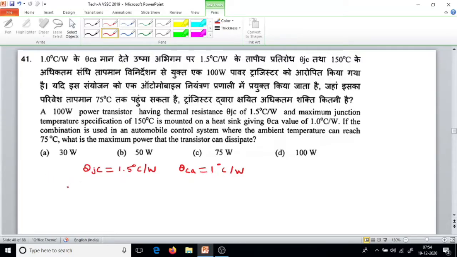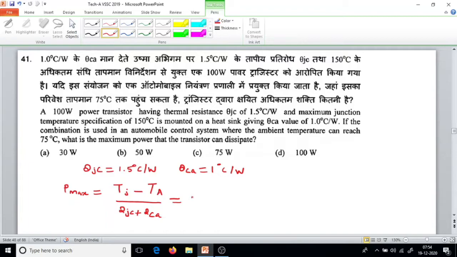Now what is P max? The maximum power that the transistor can dissipate is given by this equation: T junction minus T ambient divided by theta JC plus theta CA. Now we'll put the values.